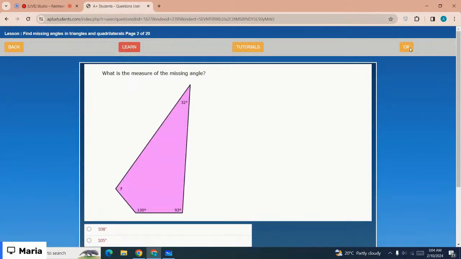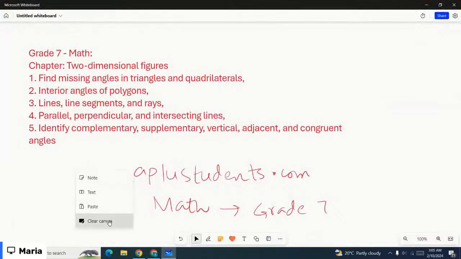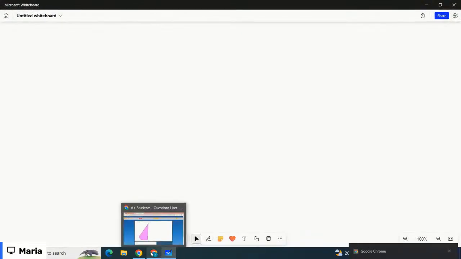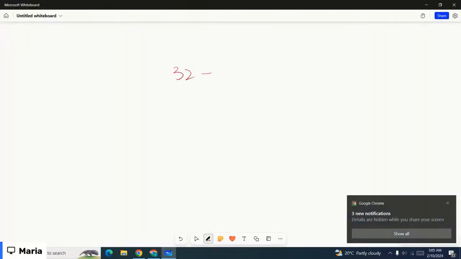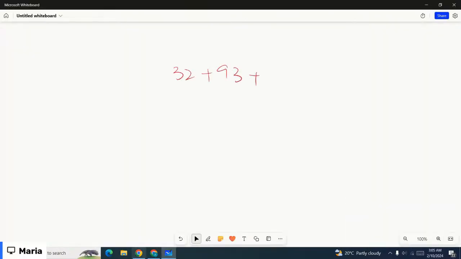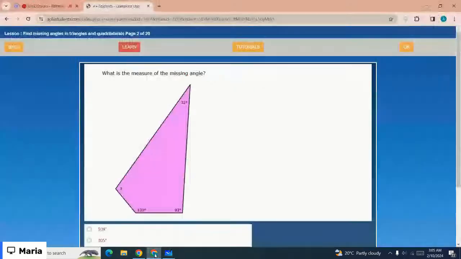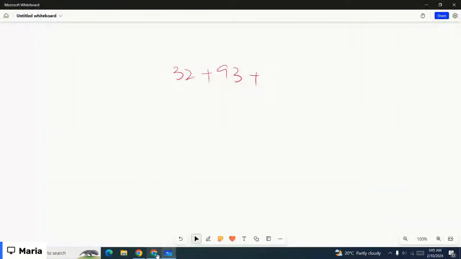What is the measure of the missing angle? That is again a four-sided shape. The sum of all the angles in a four-sided shape is 360, right? So the given angles are 32 degrees plus 93 degrees plus 130 plus the missing angle and their sum must equal 360, right? So just add them.